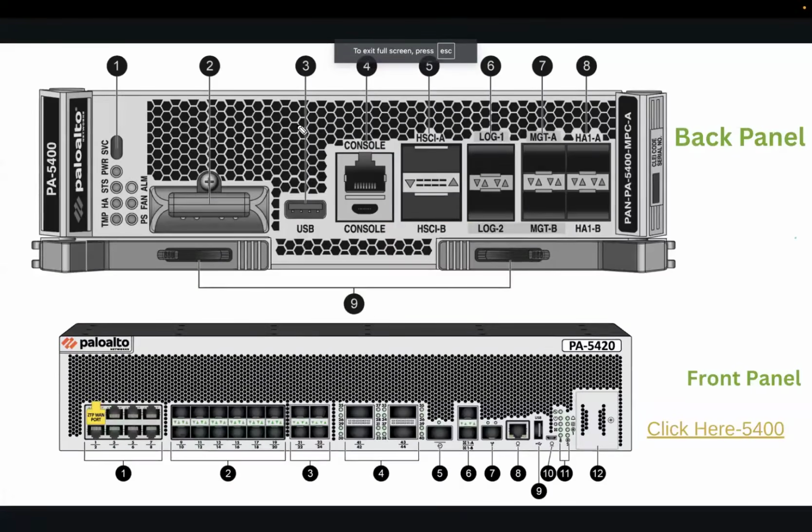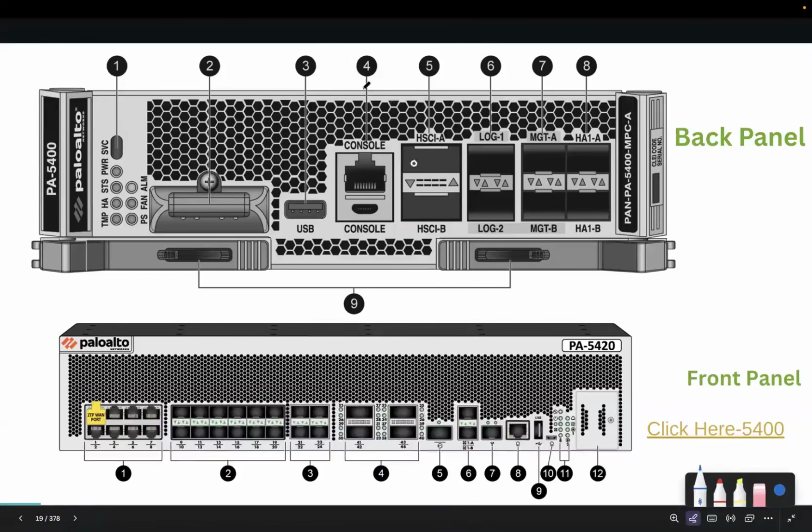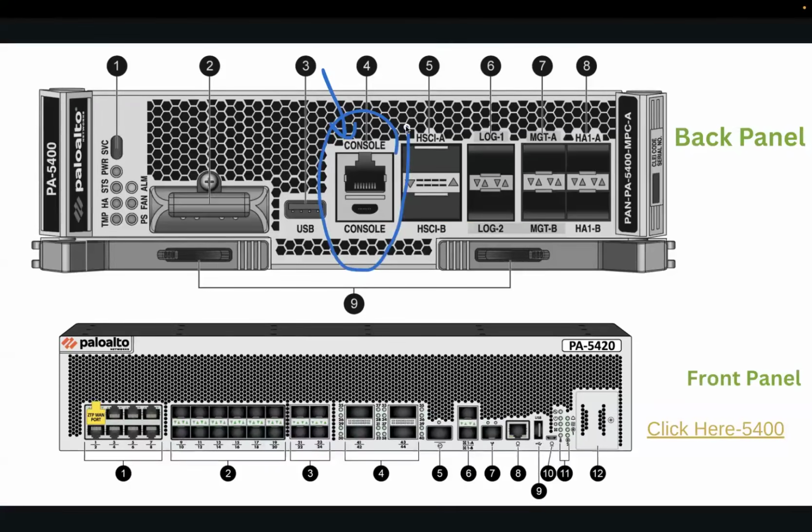So in the back, you can see there's a console port as well, where you can take a console, using a console cable. USB to upload, download some OS, PAN-OS, if you can use it for the configuration, use it. The HSCI port is a different port which we will use in HA3 when we do HA failover.